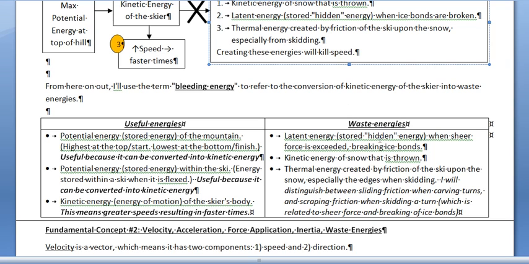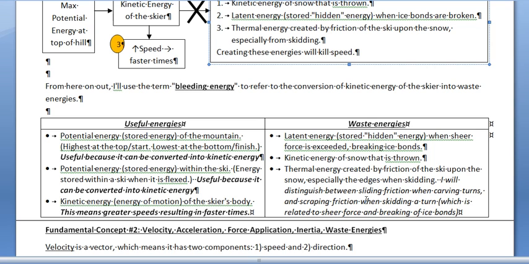Now, the waste energies are latent or stored energy when shear force is exceeded and ice bonds are broken; kinetic energy of snow that is thrown; and thermal energy created by friction of the ski upon the snow, especially when skidding.